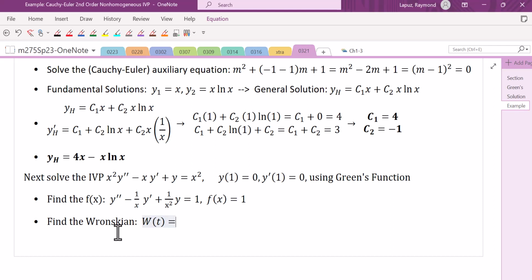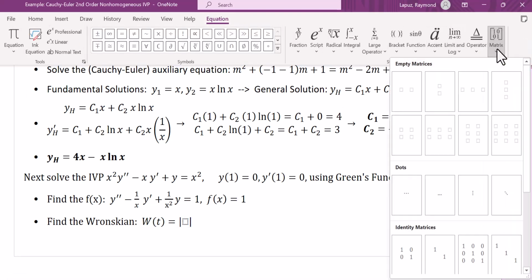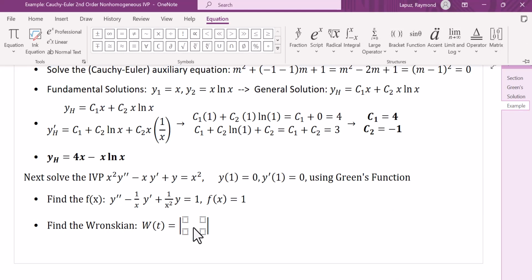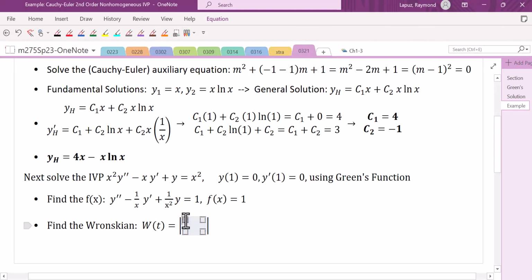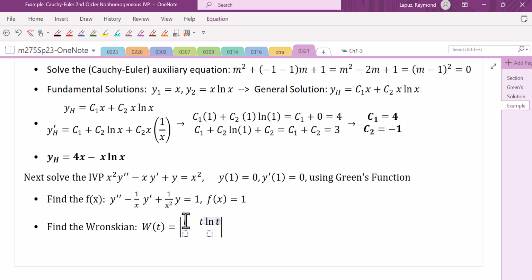And so we're going to want the determinant of a 2 by 2 matrix where the first function is t, and then the second function is t times ln t.